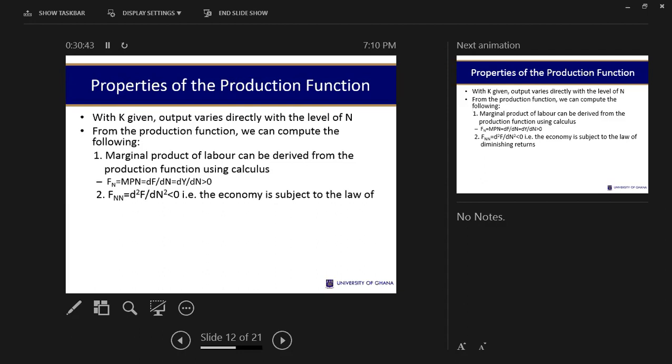And it is because of the existence of the law of diminishing marginal returns. When you keep on adding more labor, output will be increasing, but it will get to a point where total output will fall. That's where the law of diminishing returns will set in. So the sufficient condition is that the second order derivative is supposed to be negative.